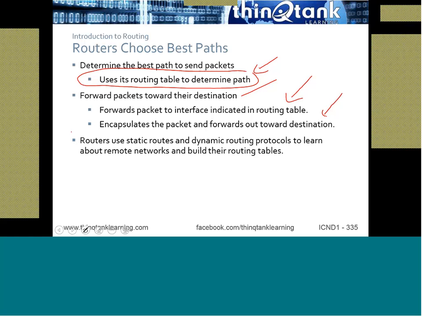Now, there are essentially two different ways that a router will route. It'll either use static routes or some dynamic routing protocol process. And we're going to learn all about different dynamic routing protocol processes as we move forward through the rest of today. Routers don't do anything unless they're told to do something, period.